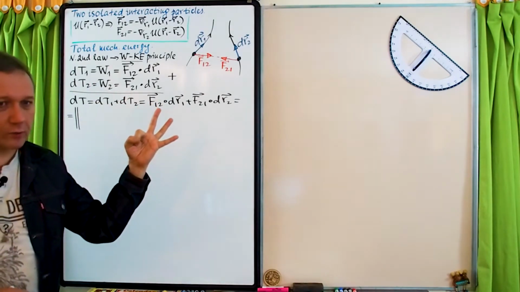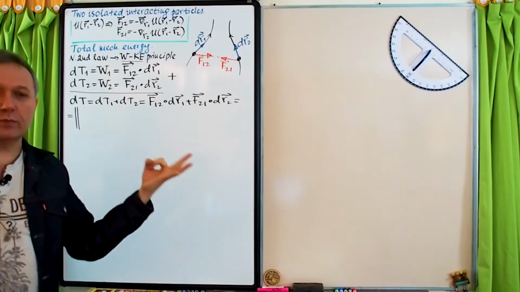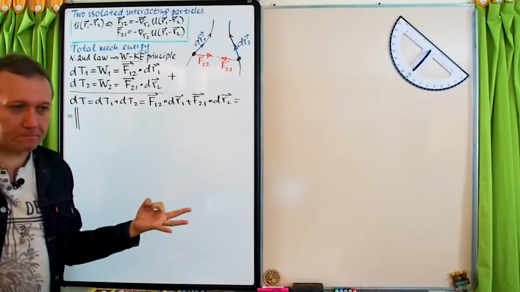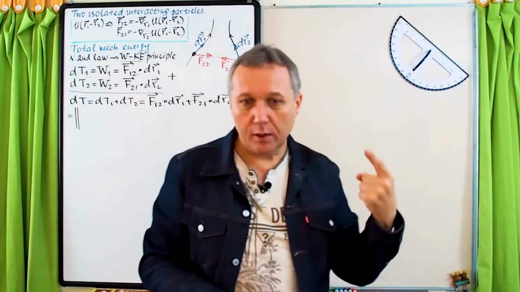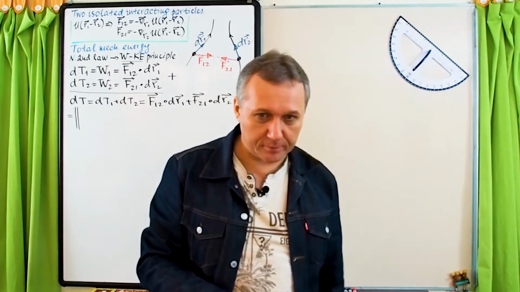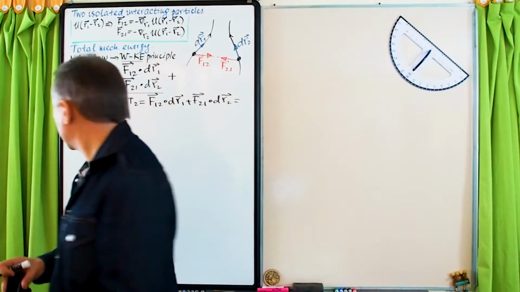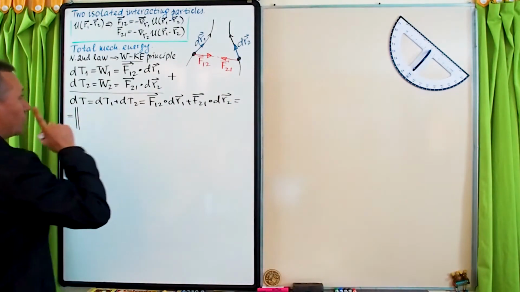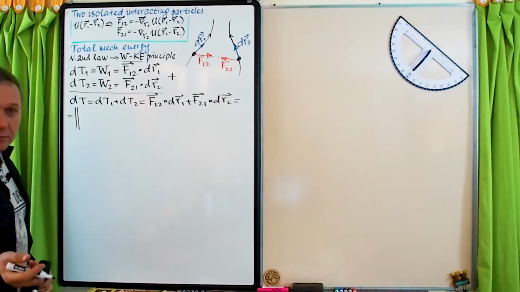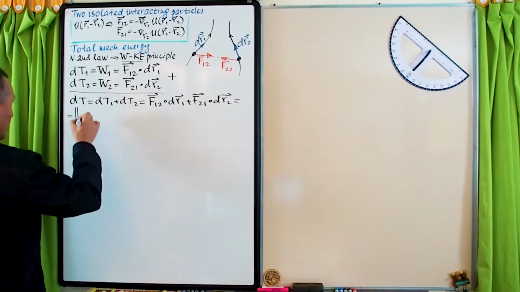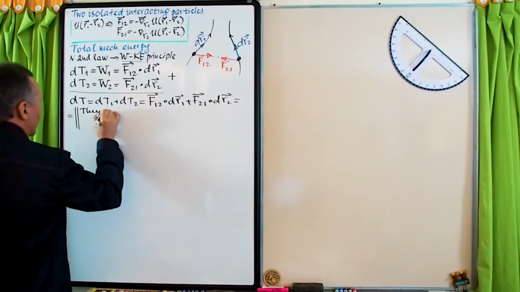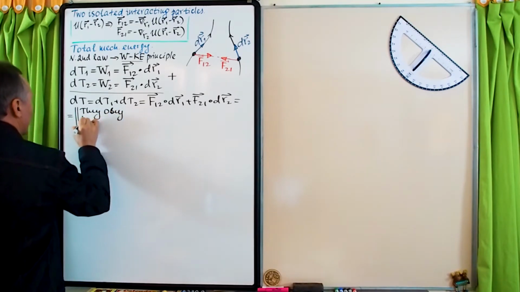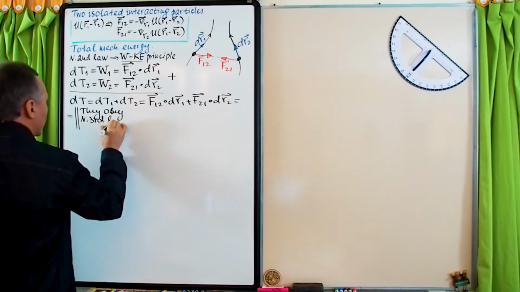And it happens quite often in most of the systems which we see in classical mechanics, because usually those forces are what? Force of gravity and electric force. Okay, so at this point, let's use the fact that these forces obey Newton's third law.